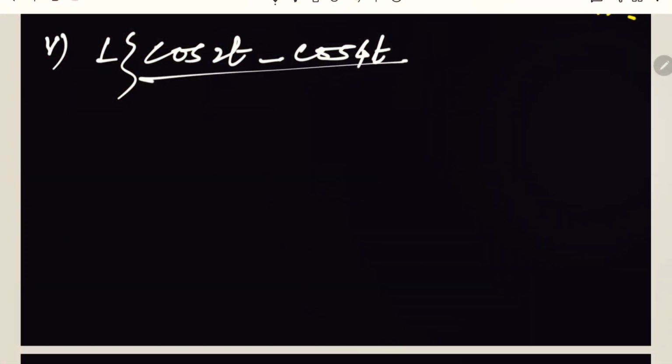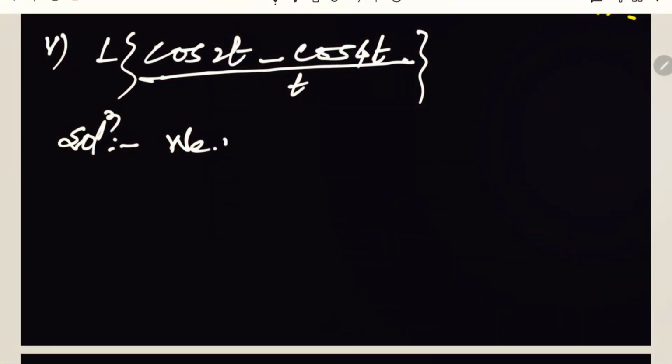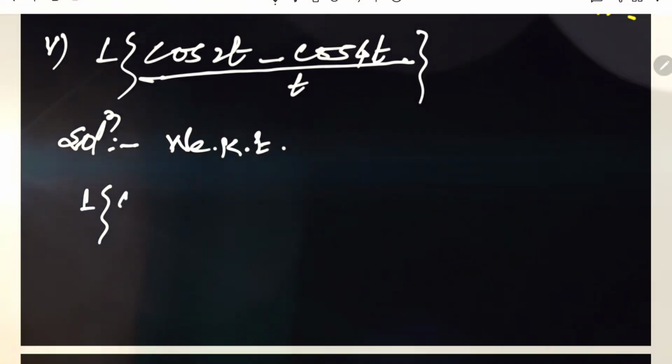Then last example, find Laplace of cos 2t minus cos 4t, and divided by t. Here the function is cos 2t minus cos 4t, whose Laplace transform we can write by using the standard result as, for the first it is s upon s square plus a square.